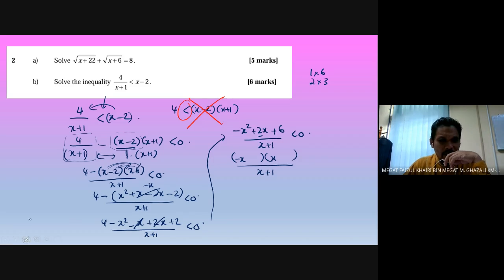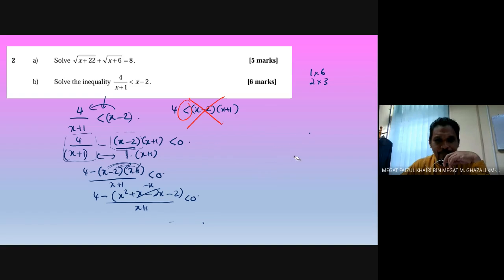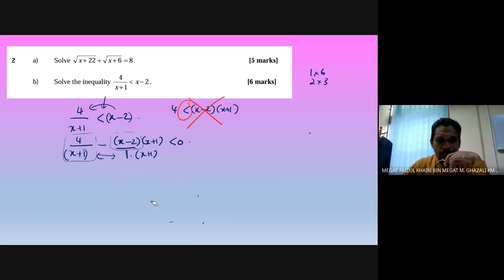Okay, I'll do it again. I'm afraid I didn't see it. Sorry. Okay, 4 minus, okay, X times X, X squared, X times 1 equal to X, minus 2X minus 2, divided by X plus 1.